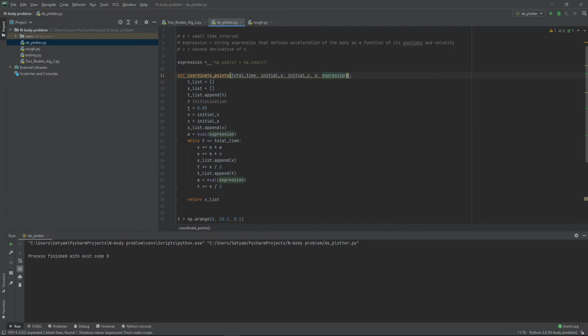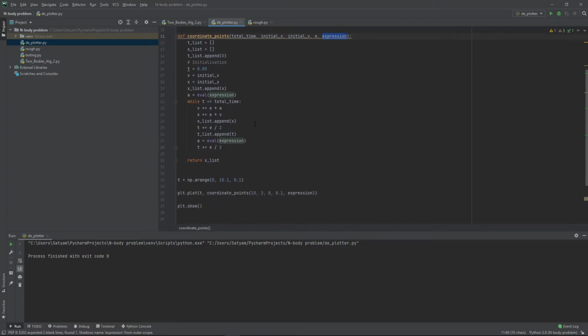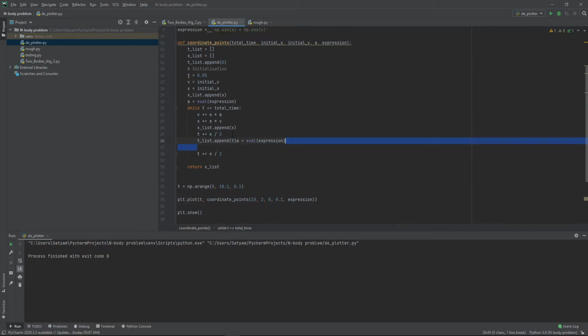Now this expression is a string, which is the expression for acceleration. I'm evaluating this expression to calculate a. And then there is just this looping for a total time interval t by going over and over on small time intervals and calculating new v's, new x's and new t's, and then new accelerations every time.